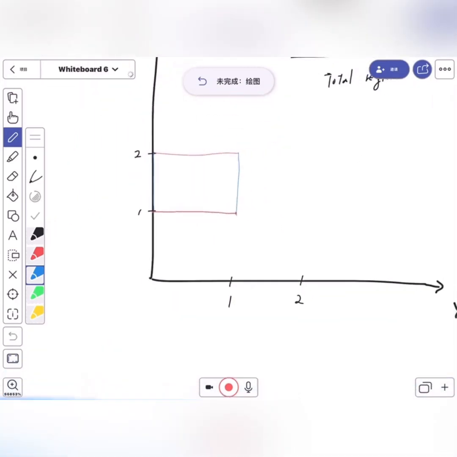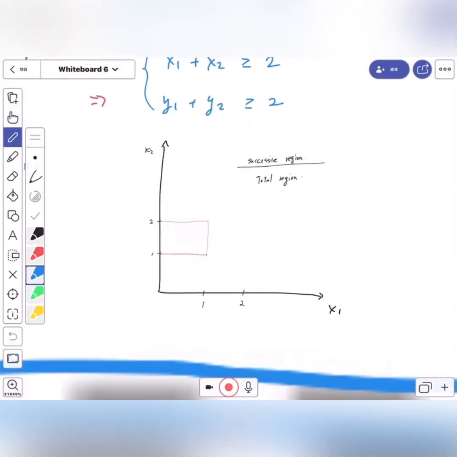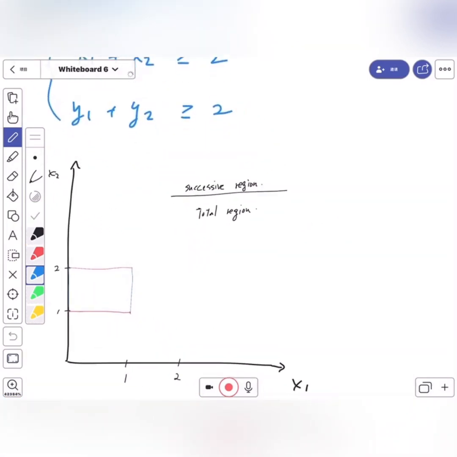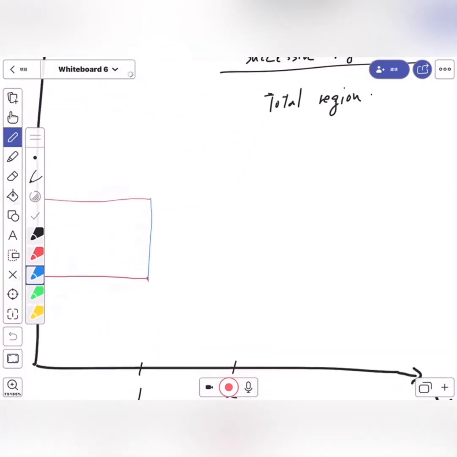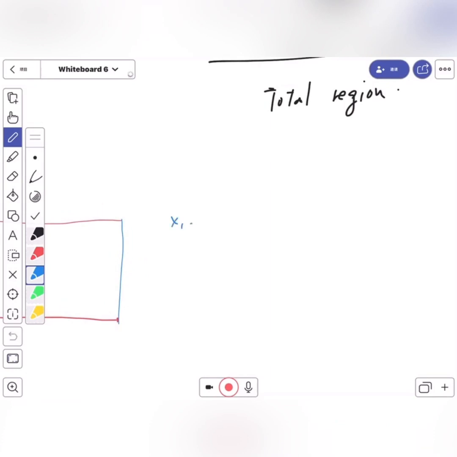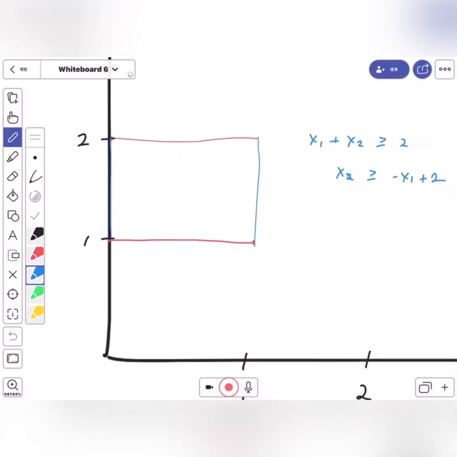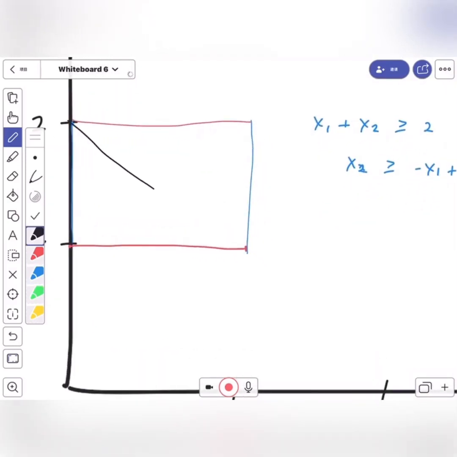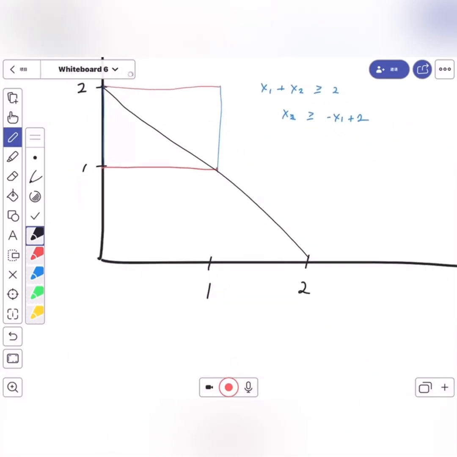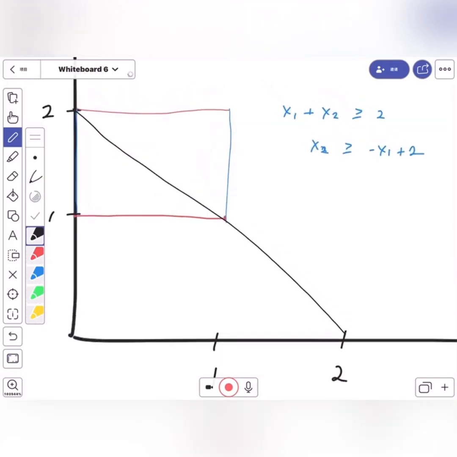So now let's draw the line of x1 + x2 is greater than or equal to 2. So x1 + x2 = 2, while x2 is greater than or equal to negative x1 + 2. So essentially we're going to have a line with a y-intercept of 2 and a slope of negative 1.